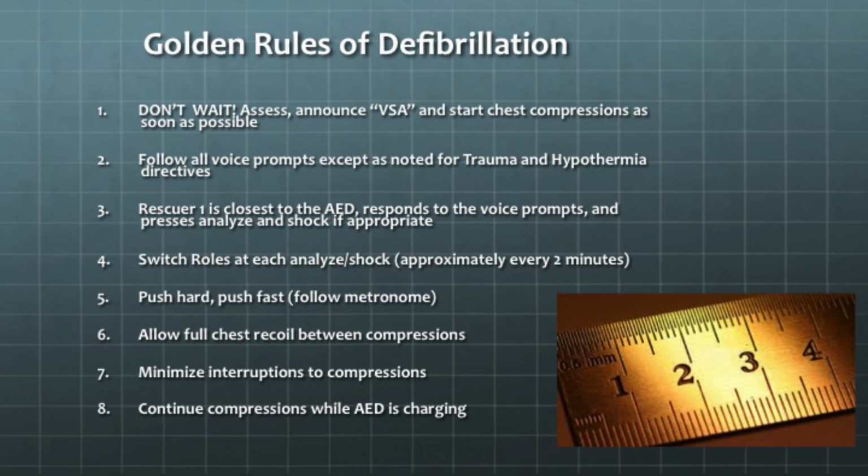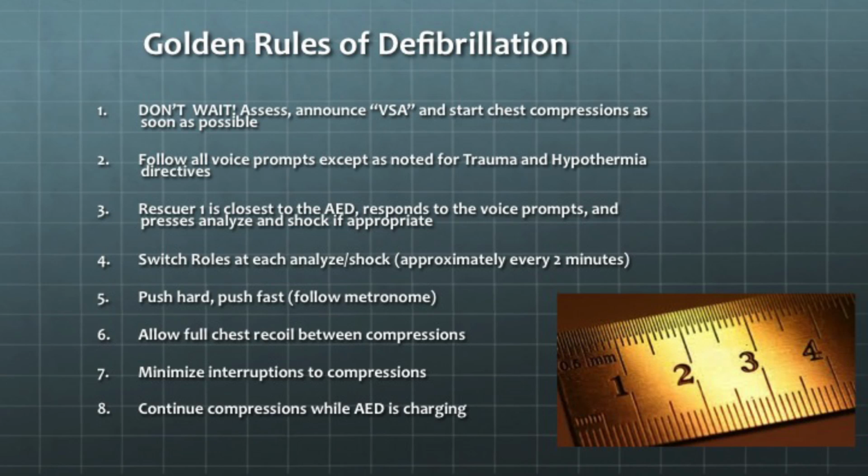Golden rules of defibrillation. Don't wait. Assess the patient, announce their vital signs absent, announce VSA, and start chest compressions as soon as possible. Follow all voice prompts except as noted for trauma and hypothermic directives. Push hard. Rescuer 1 is the closest to the AED, responds to the voice prompts and presses the analyze and shock button if appropriate.